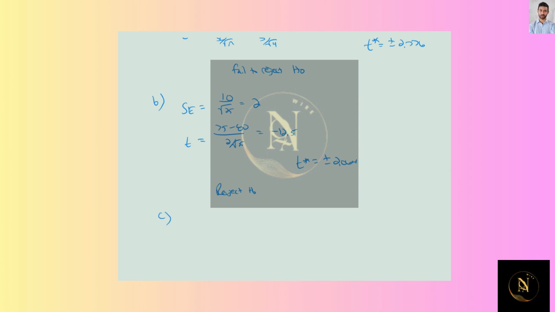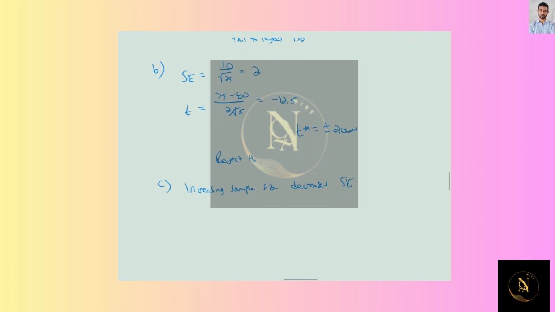So increasing the sample size decreases the standard error, as the standard error is inversely proportional to the square root of the sample size.